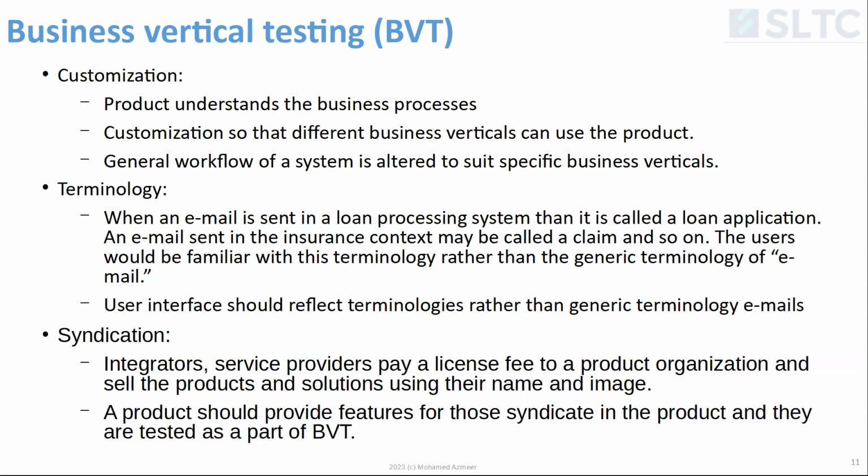So we look at how the business is flowing, the business workflow, and then we change the system to match the workflow. Or we record the workflow and then we build the software according to the workflow of the organization.